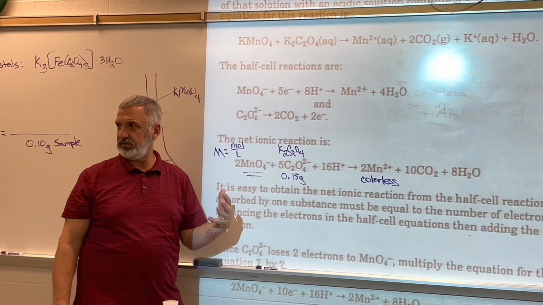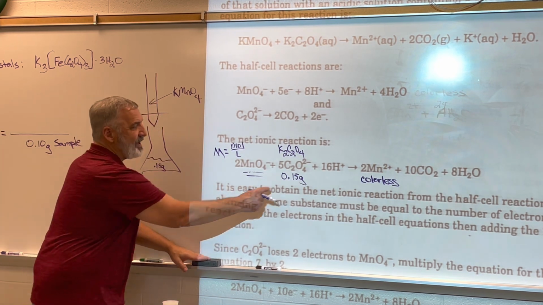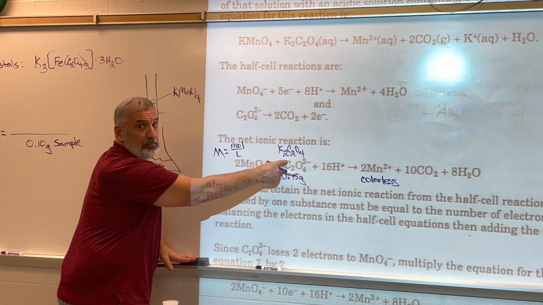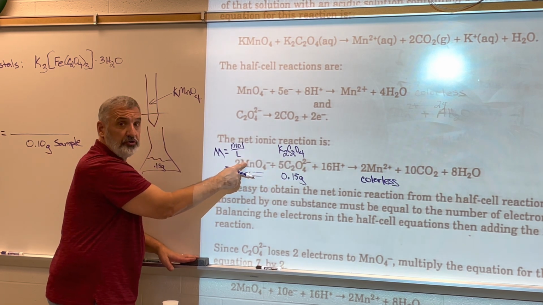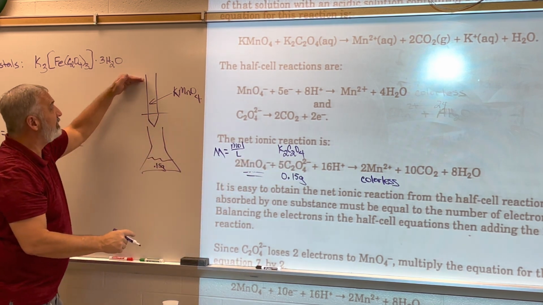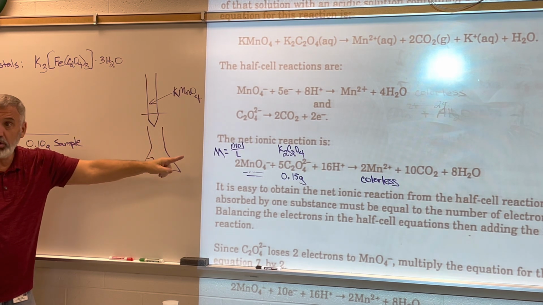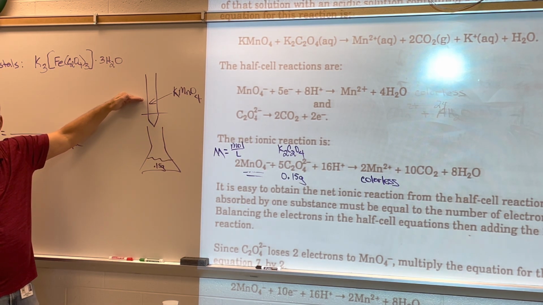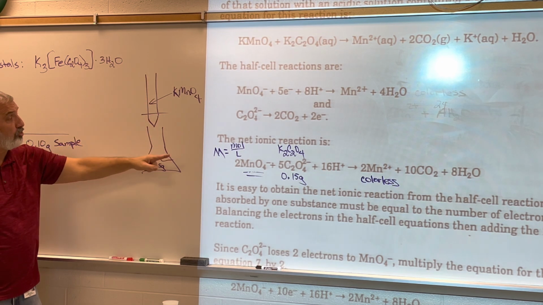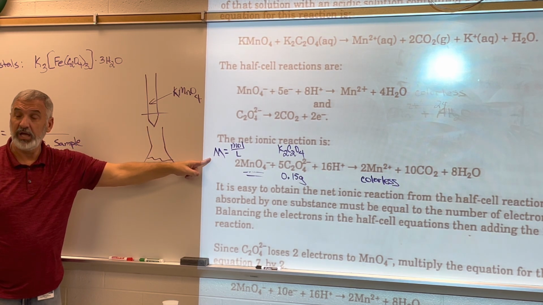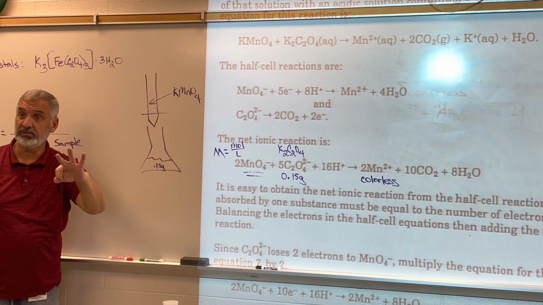You following me? So, mass, use the molar mass to go to moles, and then however many milliliters it took to do that, we're going to say that many moles must have been in this volume. So we get moles per liter. And we would have done that 3 times.